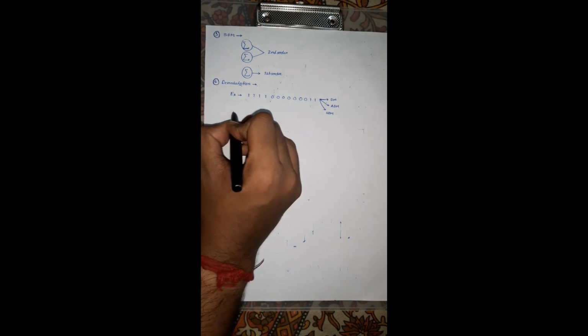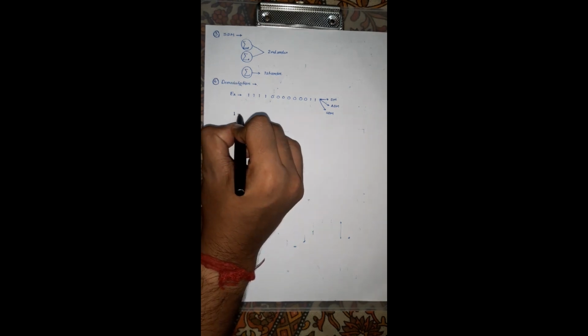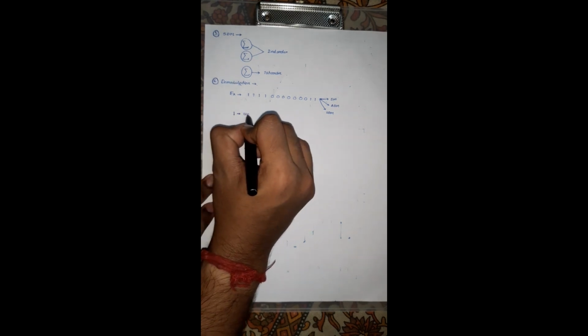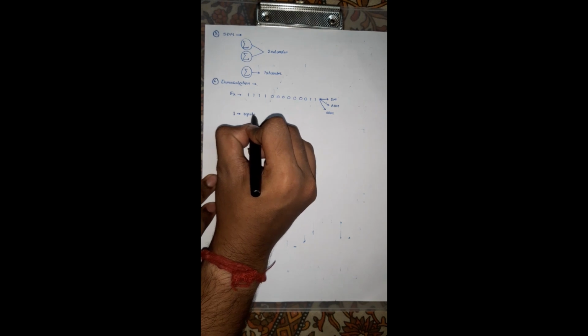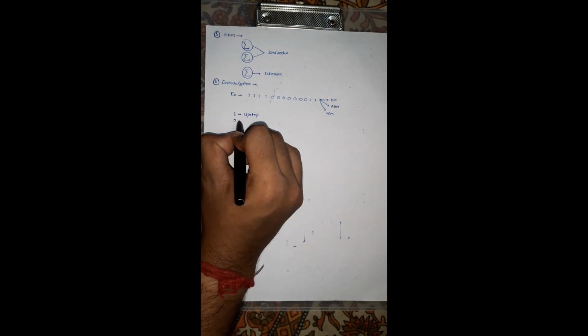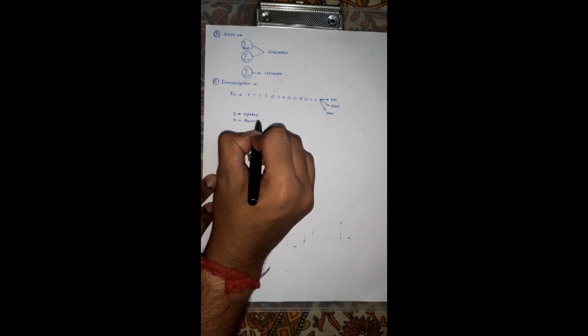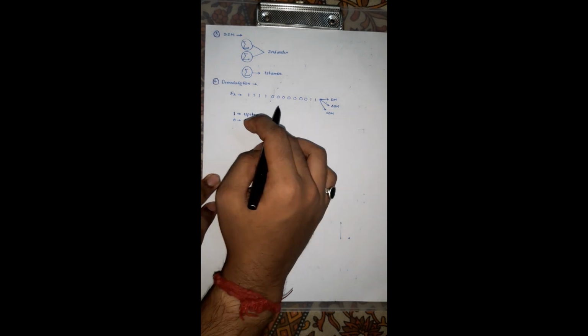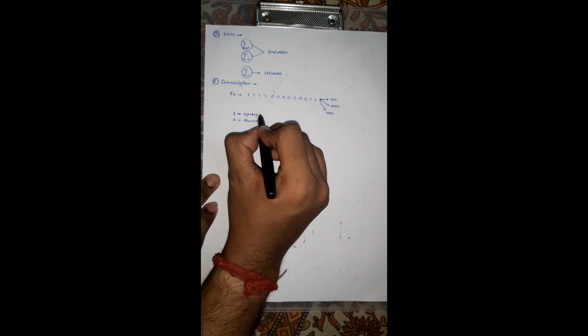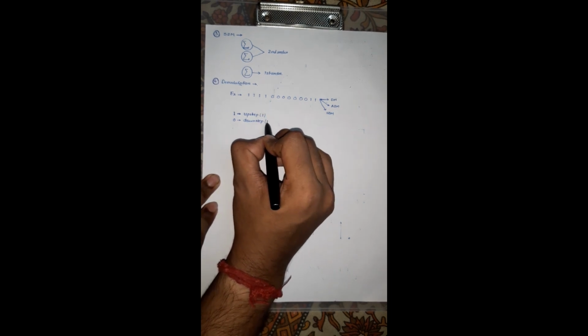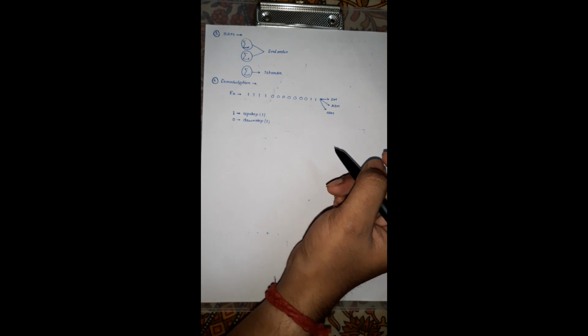So for 1, up step will be produced, for 0, down step will be produced. Up steps will be produced in number of 1s and down steps in number of 0s.